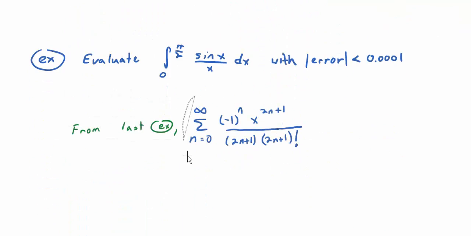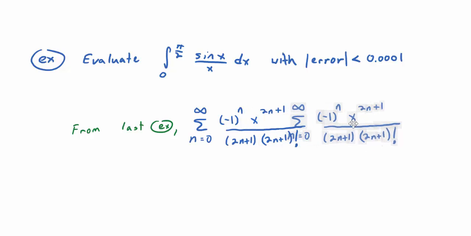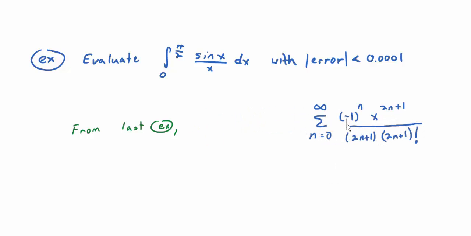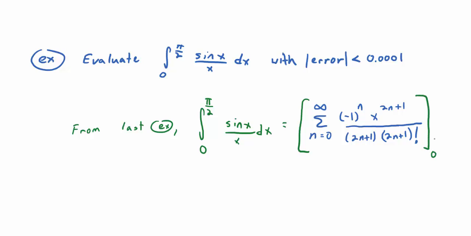And what was that equal to? That was equal to the antiderivative. So how do I want to say this? We know that that's the antiderivative, so I'll say that this integral that we're asked to calculate is equal to this guy, except we have to evaluate it from 0 to pi halves.